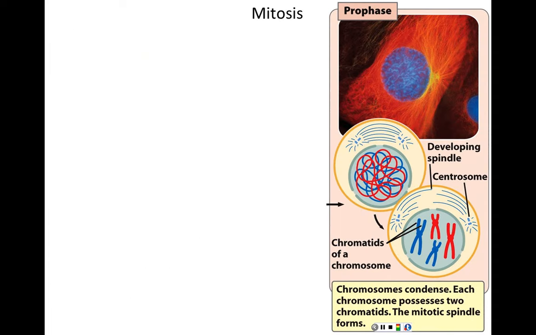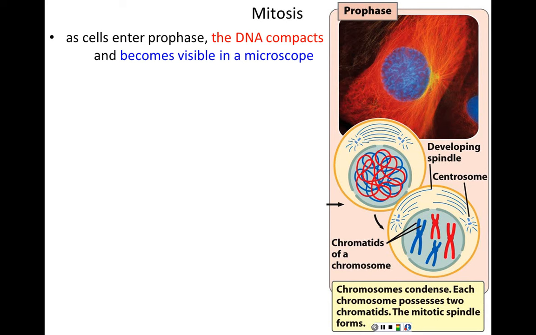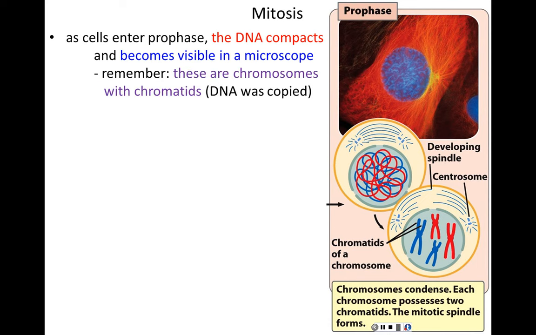So our first true phase of mitosis is prophase. As cells leave interphase and enter prophase, the DNA fully compacts and for the first time becomes so compact that it's visible under a light microscope. Remember, when we say these chromosomes, we mean identical sister chromatids held together by cohesin.